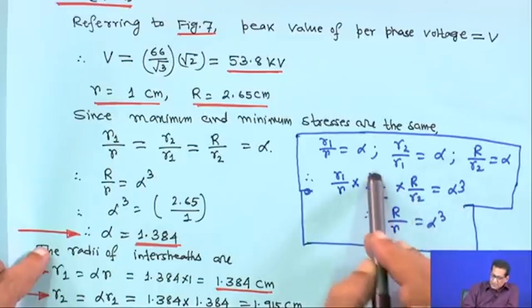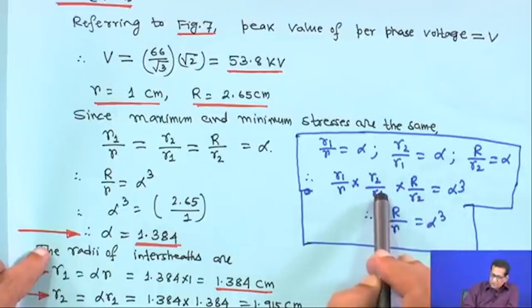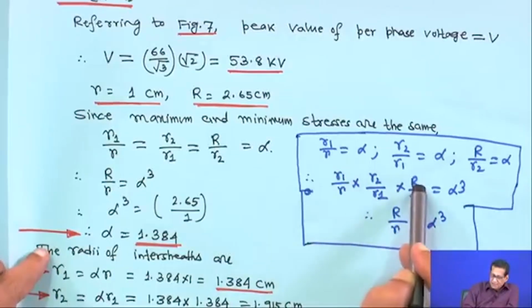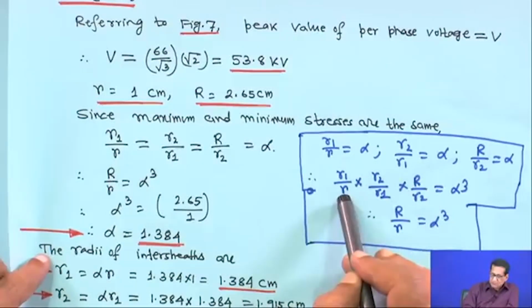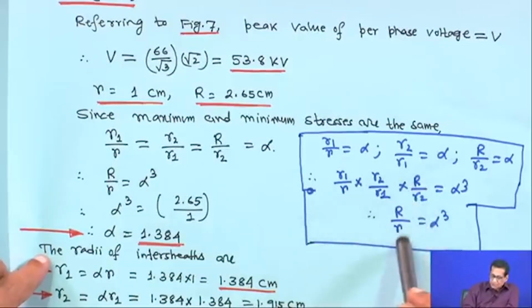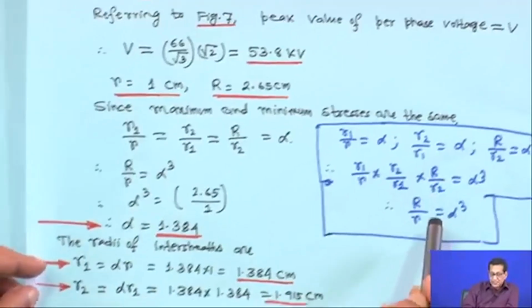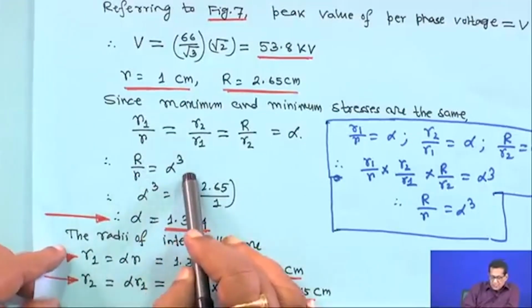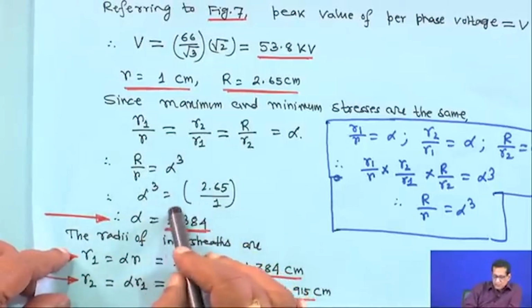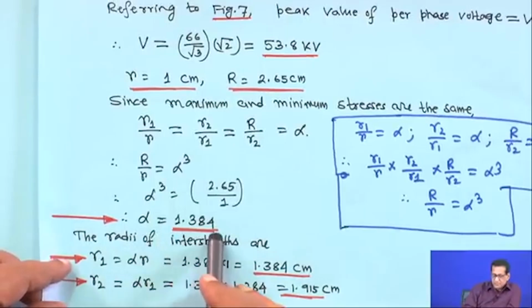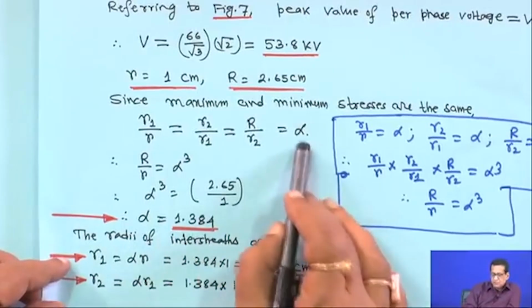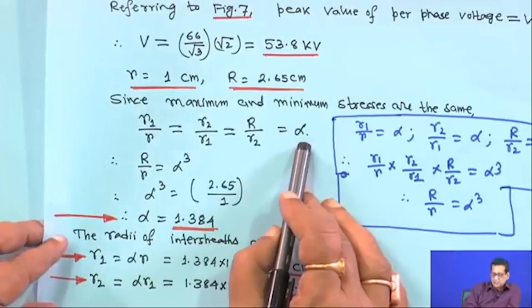That means r2 will be cancelled, r1 will be cancelled, then capital R upon small r will be left out. So, capital R upon small r is equal to alpha cube, that means alpha cube is equal to 2.65 upon 1, hence alpha, the ratio, is 1.384. So, this alpha is equal to 1.384.